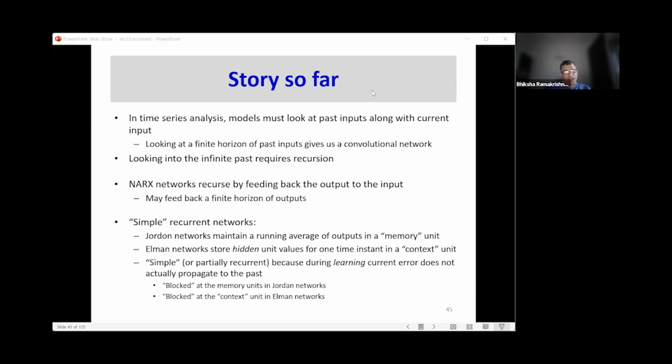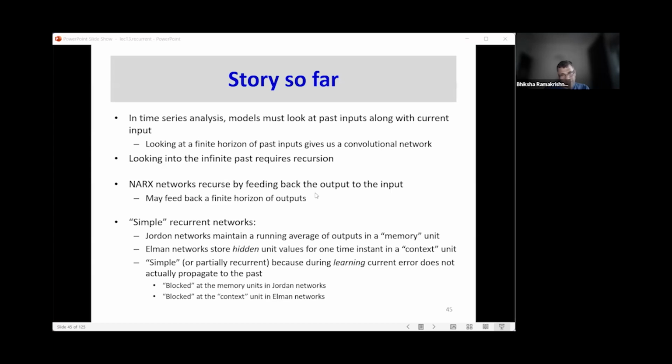So the story so far, in time series analysis, models must look at past inputs along with the current input. Looking at a finite horizon of past inputs gives us a convolutional network. Looking into the infinite past requires recursion.